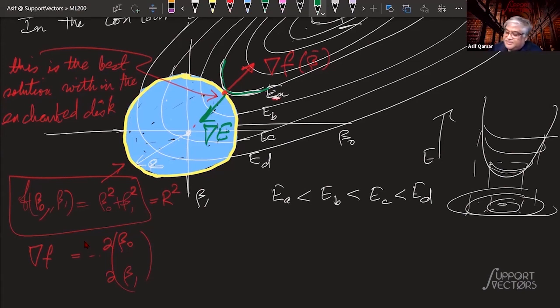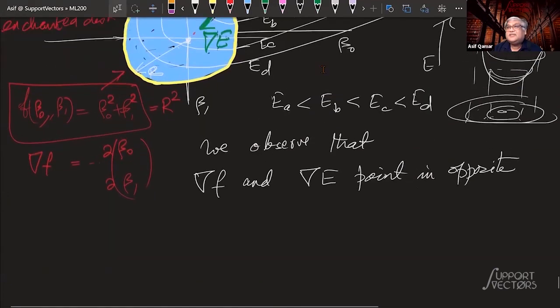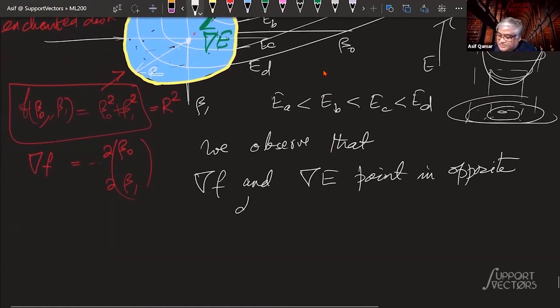And so you observe that the gradient of F and the gradient of E point in opposite directions.